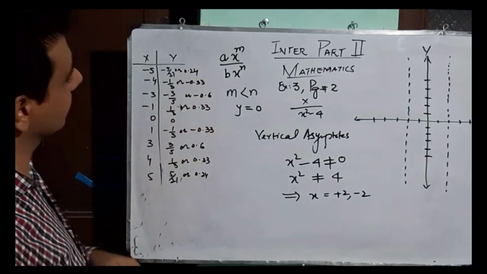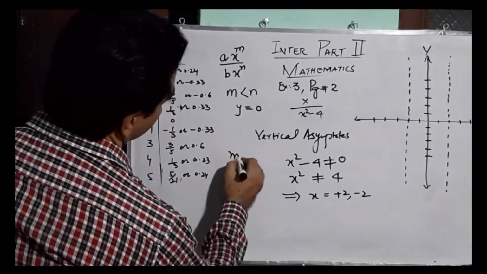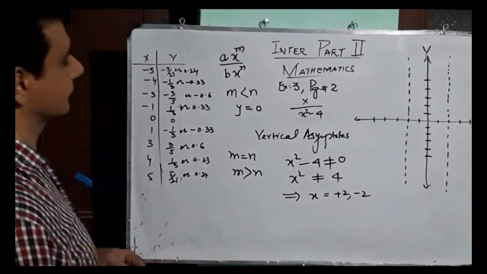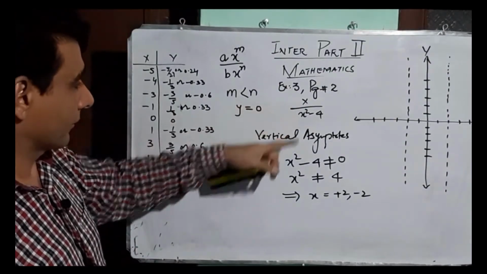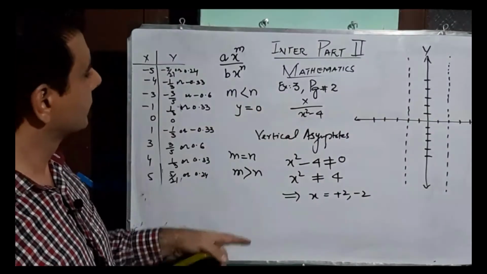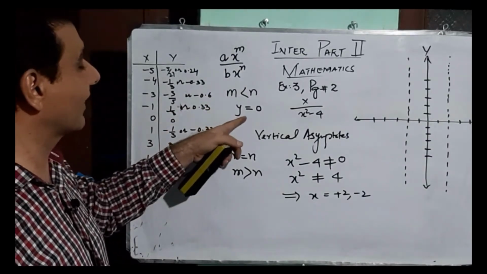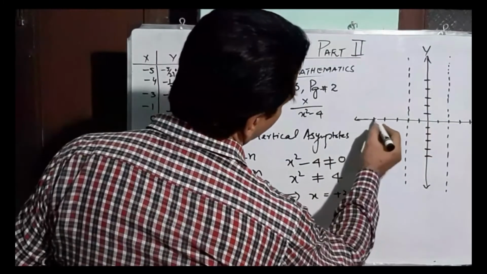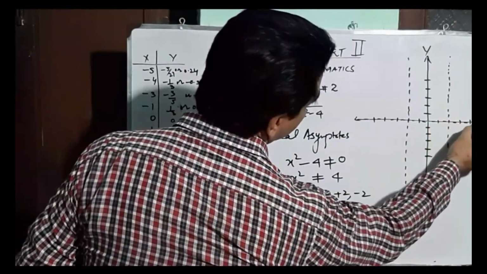It has three conditions; the others are not relevant. They are m equals n and m greater than n. So we have to check the degrees of denominator and numerator. Here the numerator degree is 1 and the denominator is 2. This case will apply, so we will take horizontal asymptote y is equal to 0. We will plot y is equal to 0 here. It may not be visible to you, but it is horizontal.